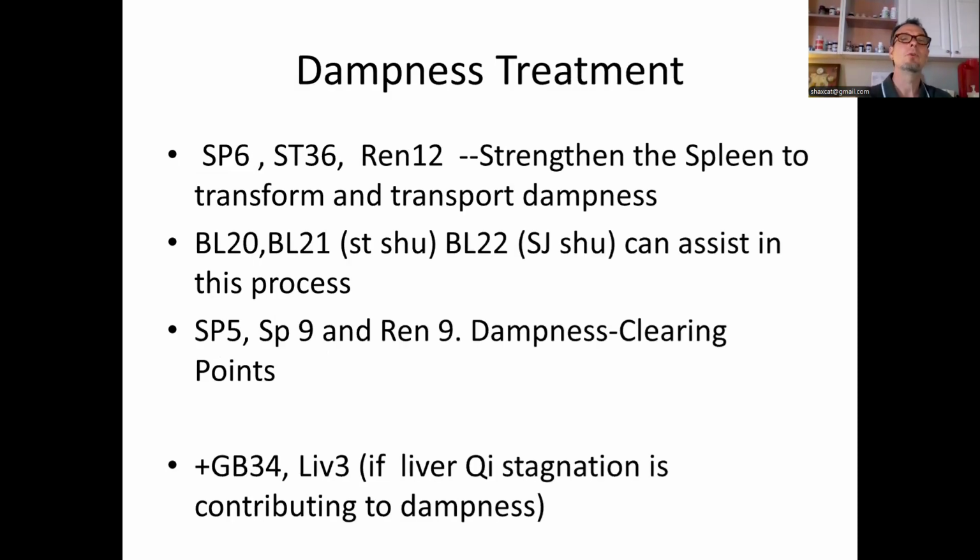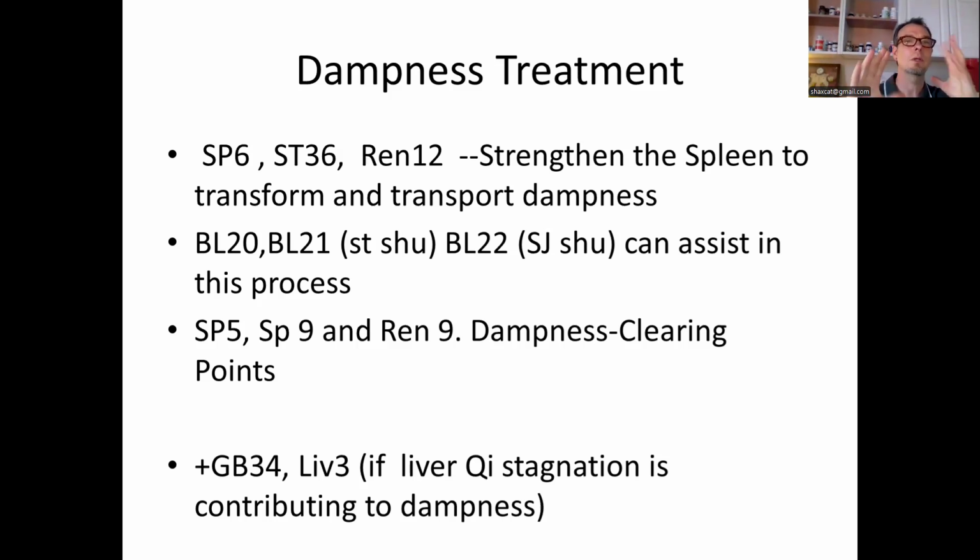So here are some ways to look at how to treat dampness. Spleen 6, stomach 36, CV12. All of that is trying to help that earth phase, strengthen the spleen to help it get back to transforming and transporting dampness, moving fluids around the body.